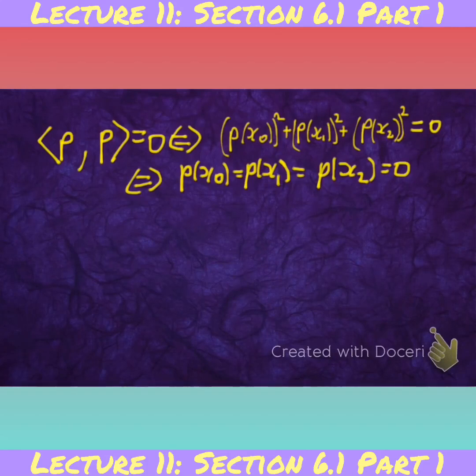Now, recall what p was. P was the polynomial. Okay, and now again, p is a polynomial of degree 2.